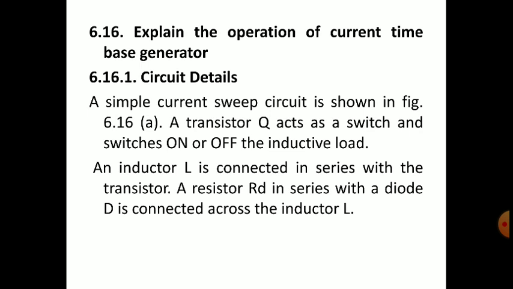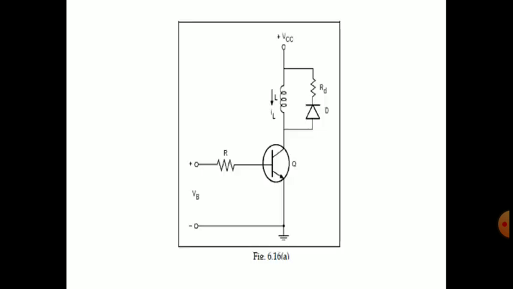An inductor L is connected in series with the transistor. A resistor RD in series with the diode D is connected across the inductor L. By looking at the circuit you have drawn, please compare these statements. This is the circuit details.